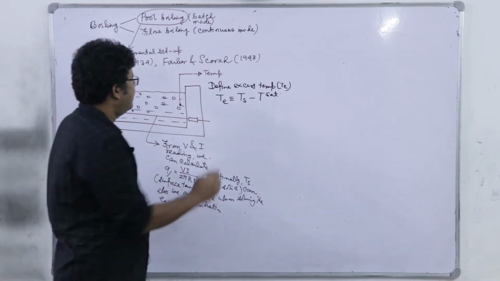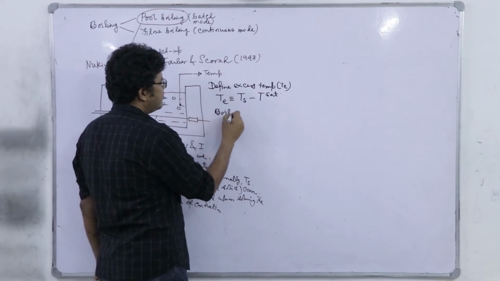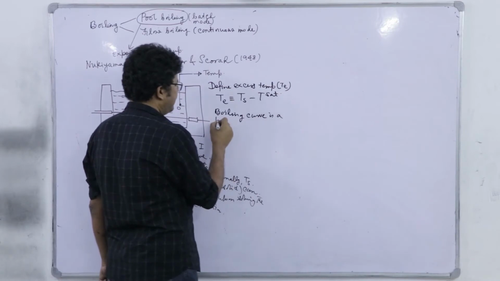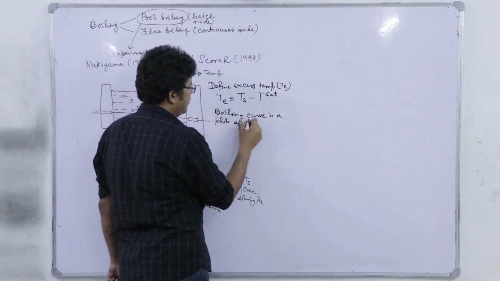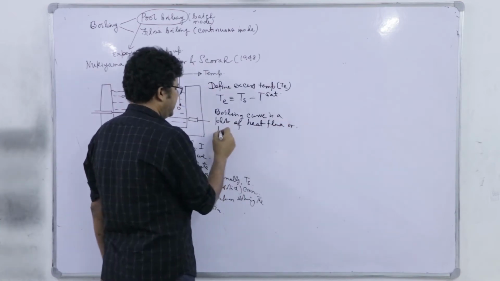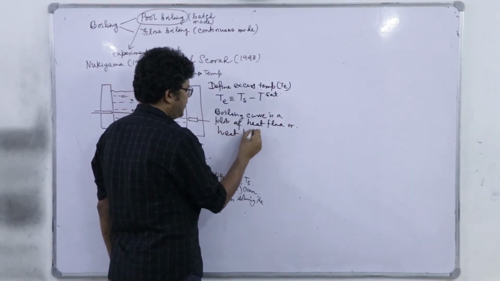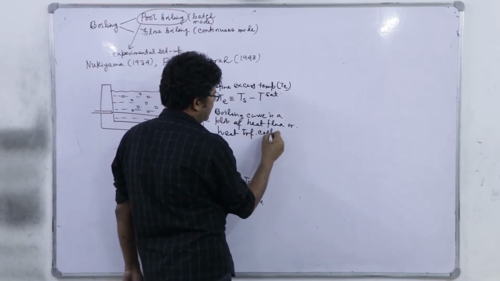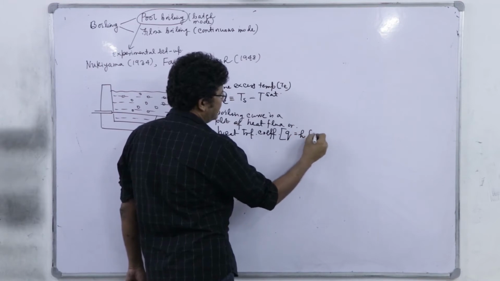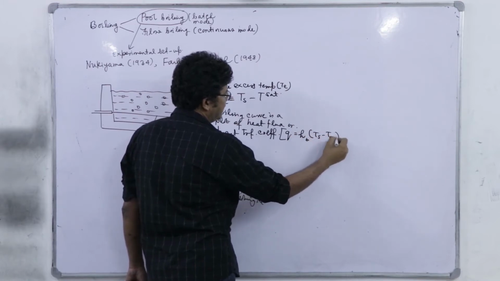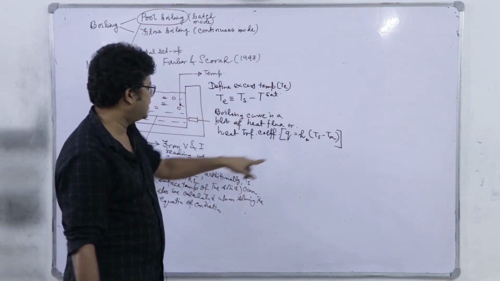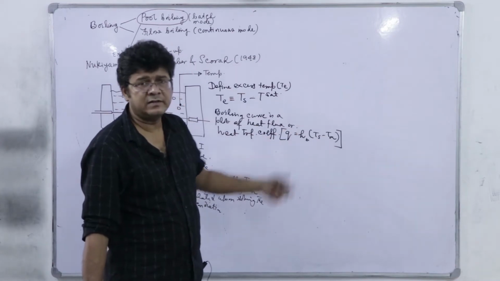So, the boiling curve is a plot of heat flux, or more importantly heat transfer coefficient. And how can we solve this? Q is equal to the boiling heat transfer coefficient times (Ts minus T infinity). So, Q has been calculated, we know Ts, and T infinity is the saturation temperature.